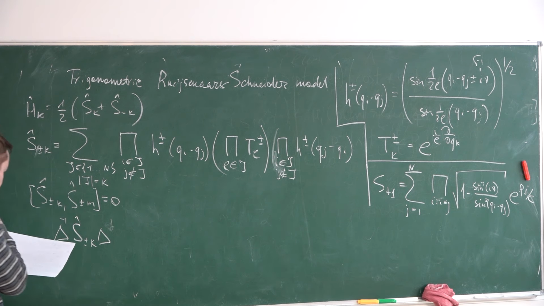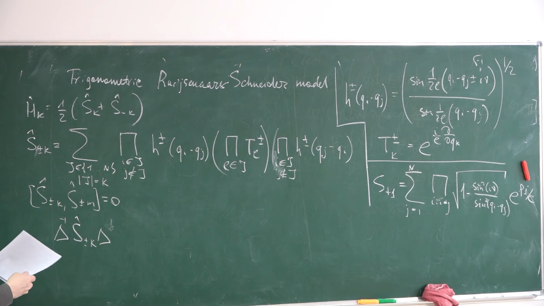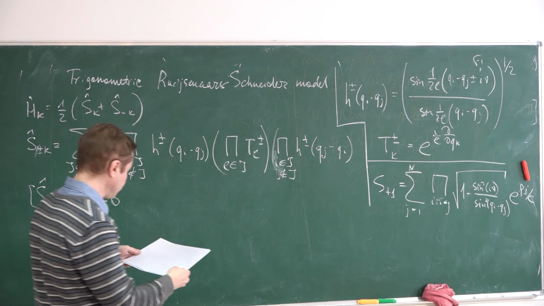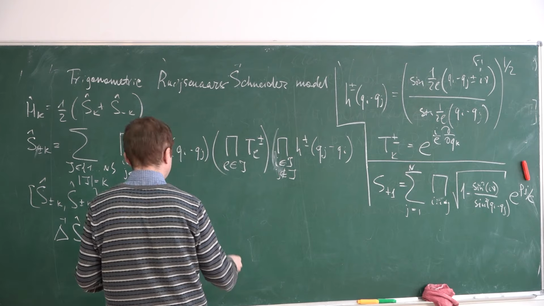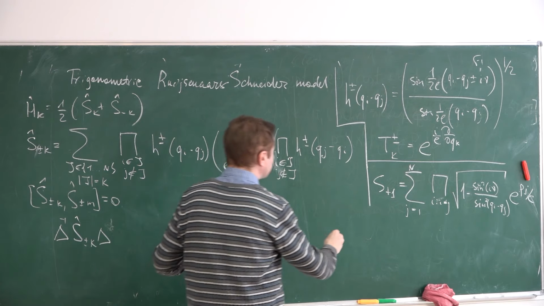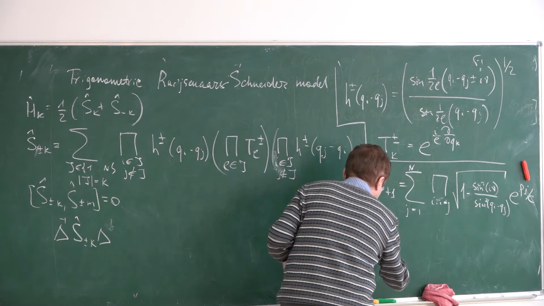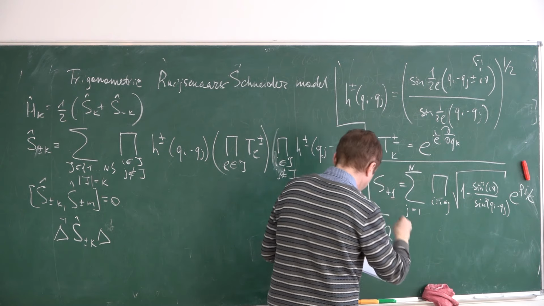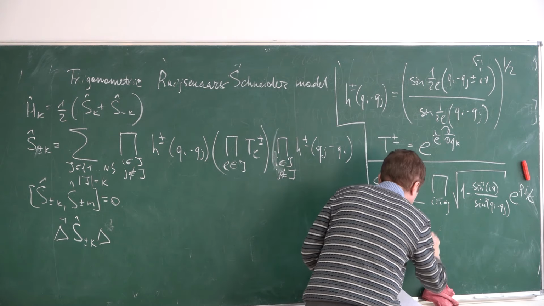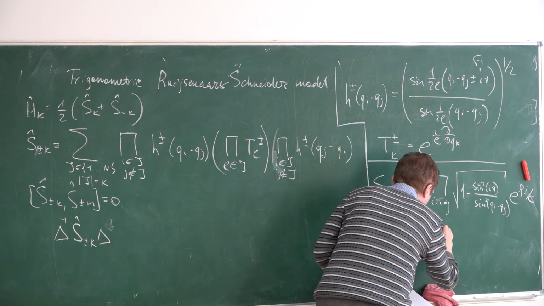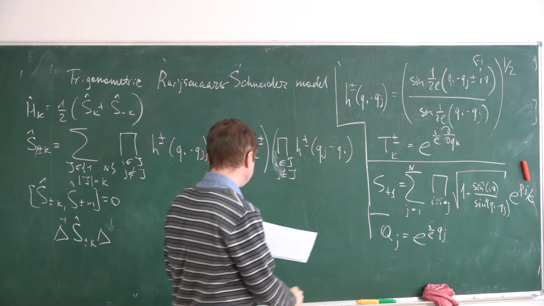For this reason, we would like to rewrite these operators in terms of new variables, and these variables are, let us put it also here, this Q large, where Q large are exponents of q small.